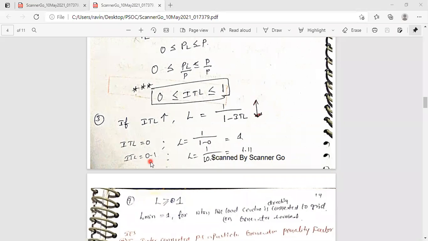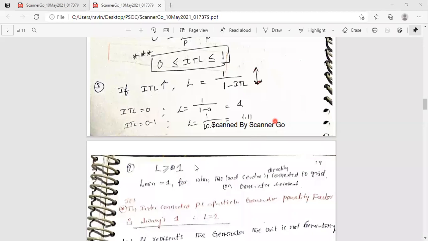If incremental transmission losses increase to 0.1, the penalty factor becomes 1.11. So when incremental transmission line loss increases, the penalty factor increases. We cannot allow the penalty factor to increase beyond 1. It should be from 0 to 1. It should not exceed 1.